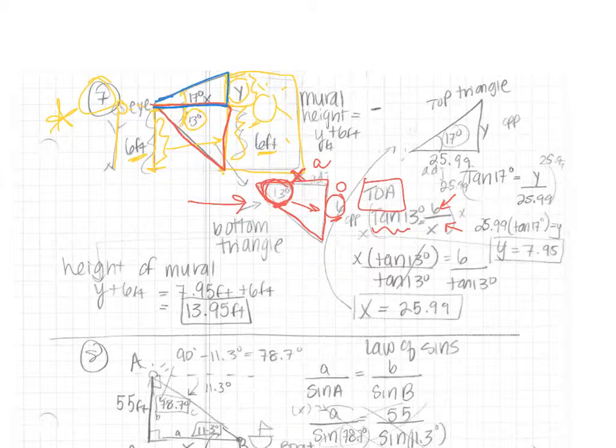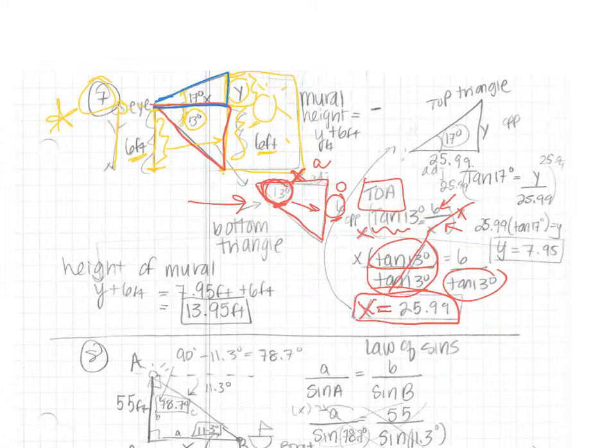So in order to isolate x, we multiply by x, the value in the denominator, so it crosses off on the right. And then we have to divide by tan of 13 on both sides. So on the left it cancels, so we're left with x equals 6 divided by tan 13, which gets us 25.99 feet.